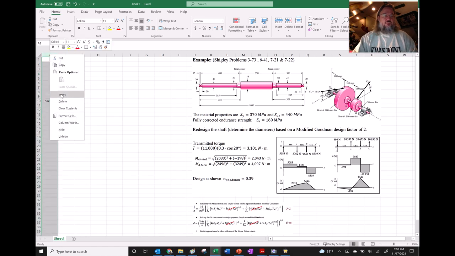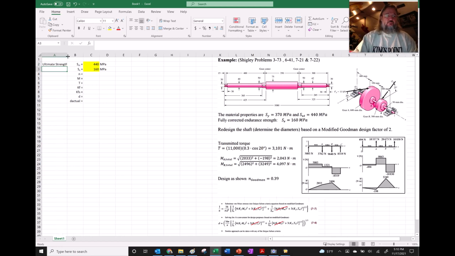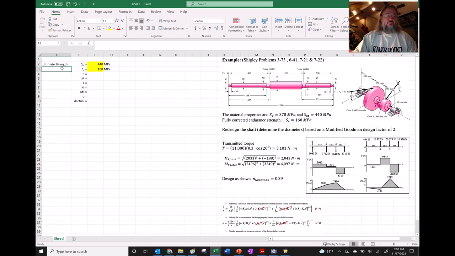Sometimes I'll actually even over here say ultimate strength, and then endurance strength and fatigue safety factor.